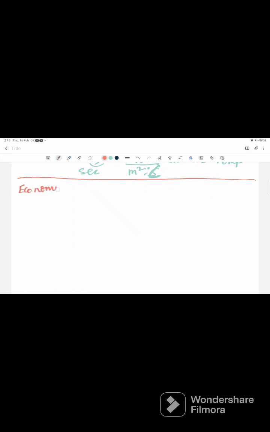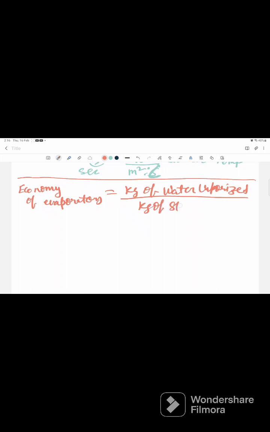Economy of evaporators is defined as kilo of water vaporized per kilo of steam supplied.